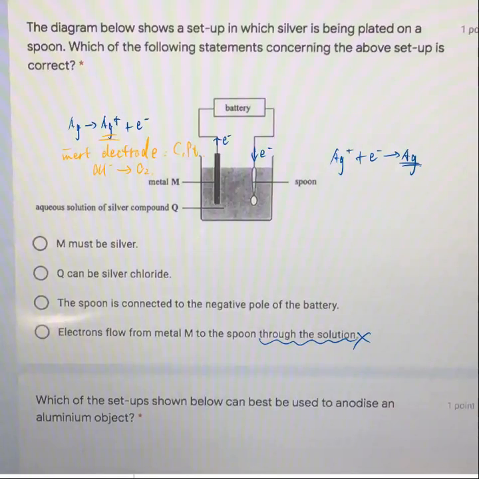We can also use an inert electrode, and it will also provide electrons to the external circuit and complete the circuit. Right, so because it sends out electrons, that would be the negative side. That's the positive side.